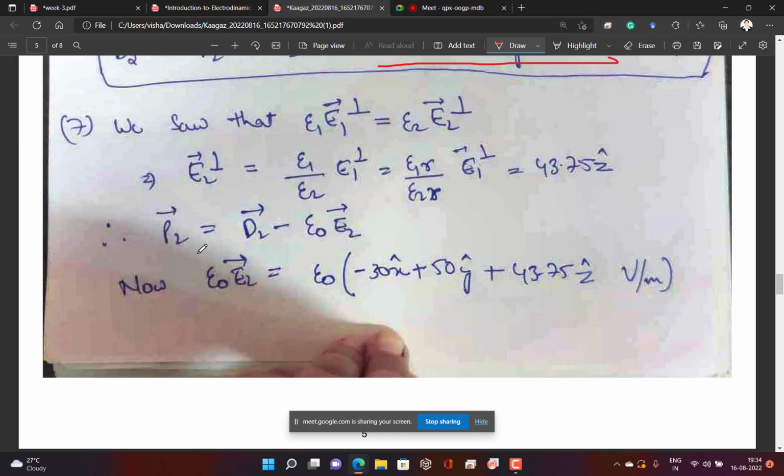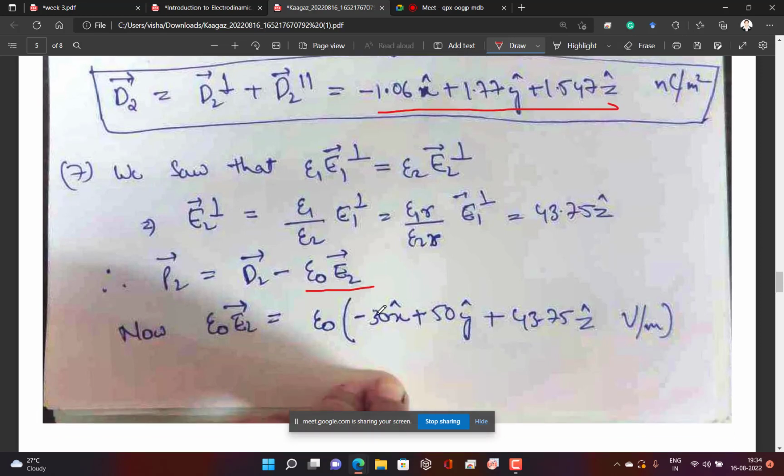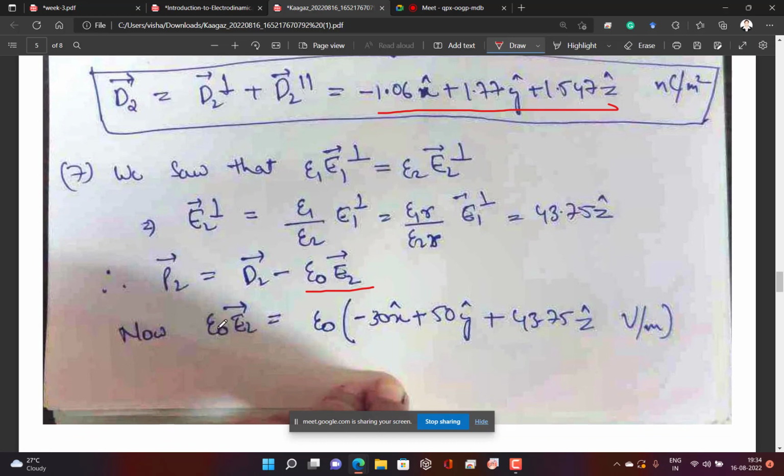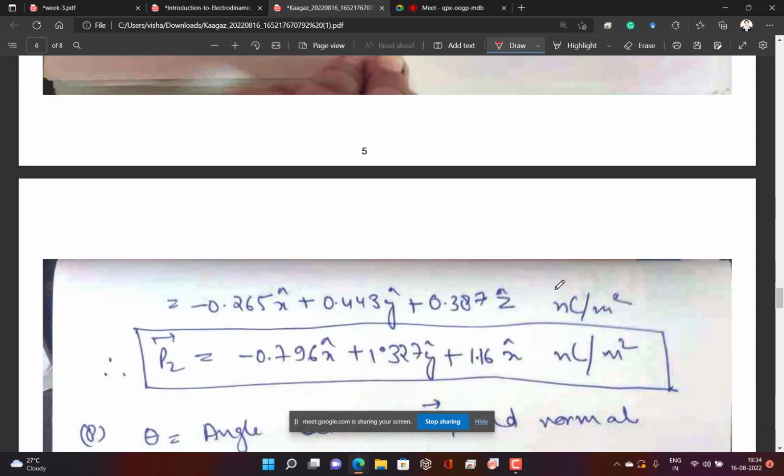Vector P2 will be D2 minus epsilon naught E2. We have already found D2. We have to subtract epsilon naught E2 vector. We know the free space permittivity, we know the whole E2 vector, so it will be this.